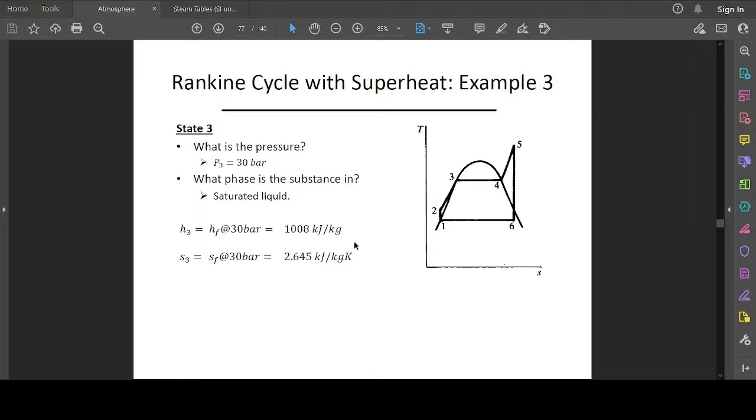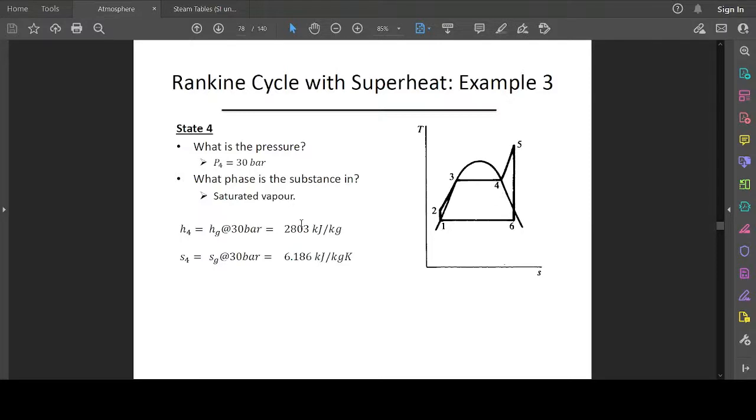So at stage 3, what would be the enthalpy? At stage 3, we know that we are operating at 30 bar and working with saturated liquid, so we read out the corresponding enthalpy and entropy values for saturated liquid at 30 bar from the steam table. Once we've done that, we move over to find the enthalpy and entropy at stage 4.